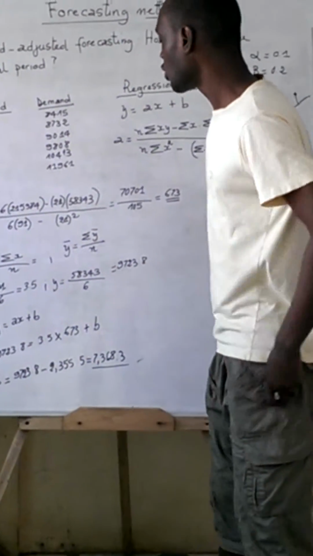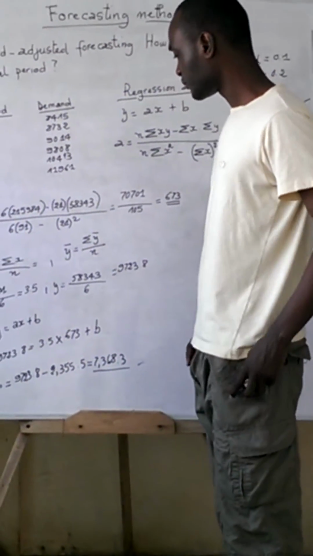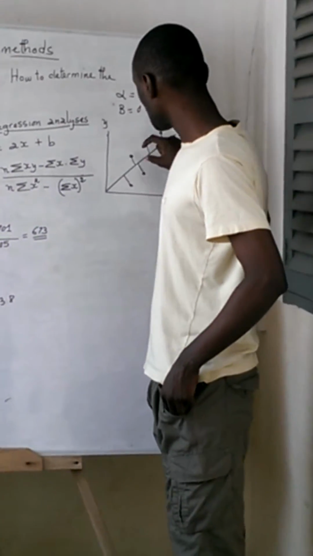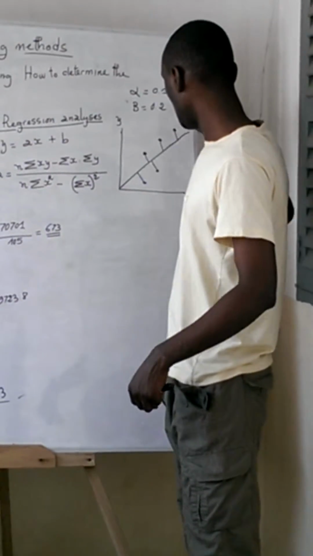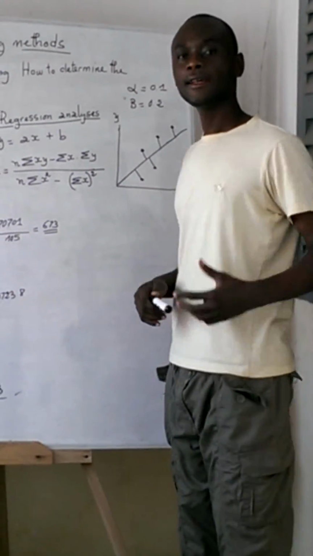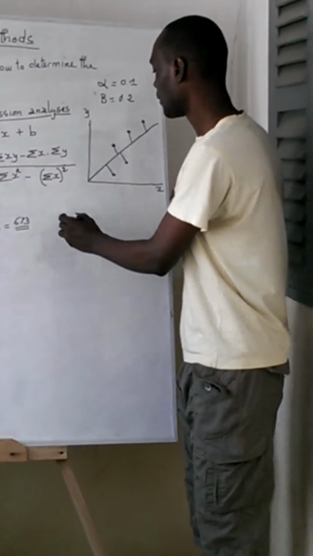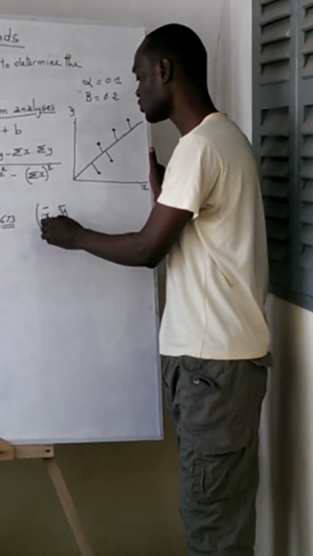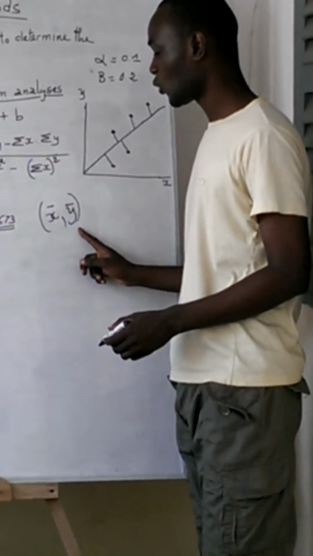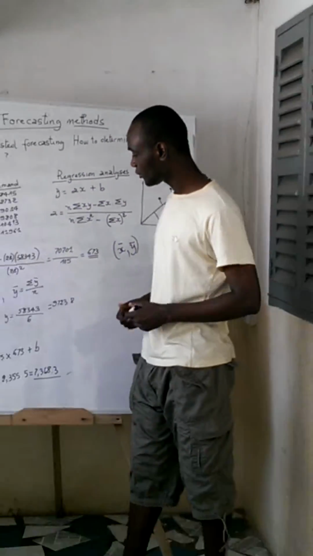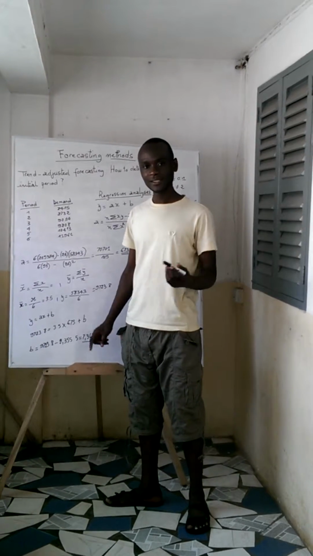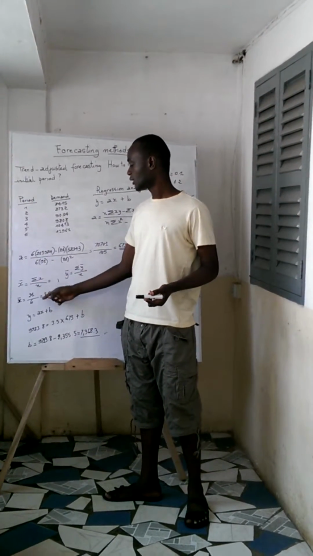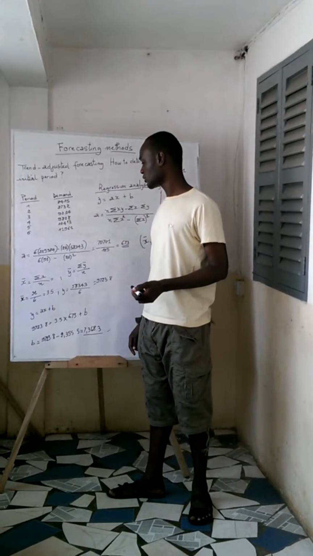We need to find the coordinates of x and y along this regression line, and we can choose x bar and y bar. We need to determine the coordinates of x bar and y bar. The formula states that x bar is equal to the sum of x divided by n, which is the period.